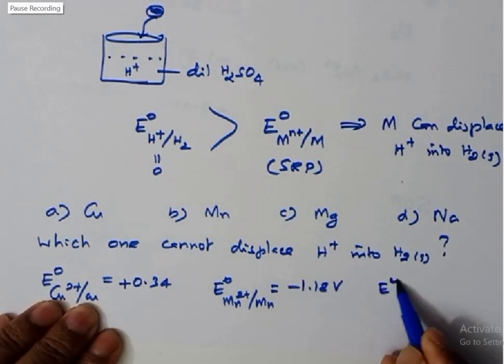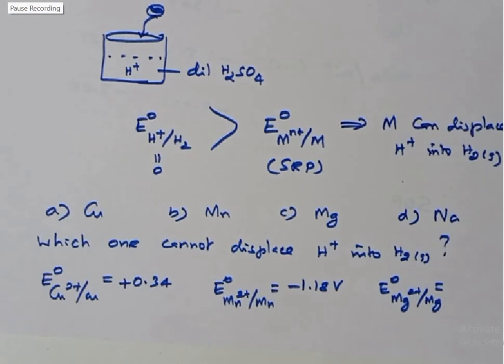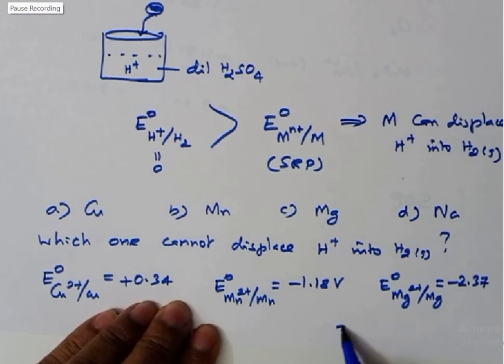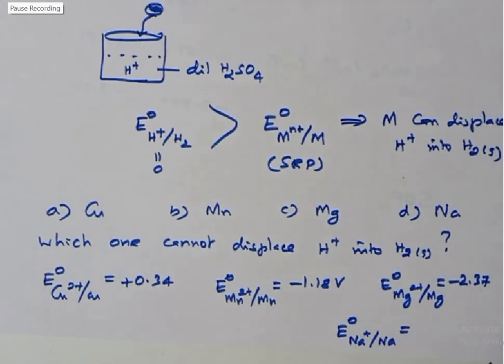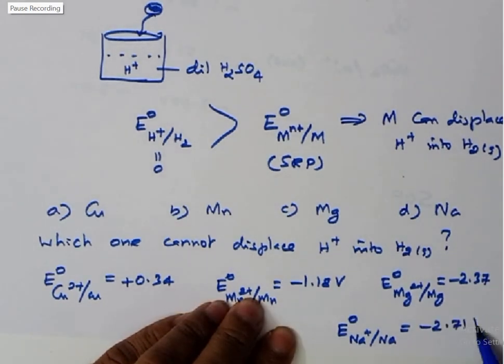For Mg2 plus becoming Mg, it is minus 2.37 volt. And for sodium, the value is minus 2.71 volt.